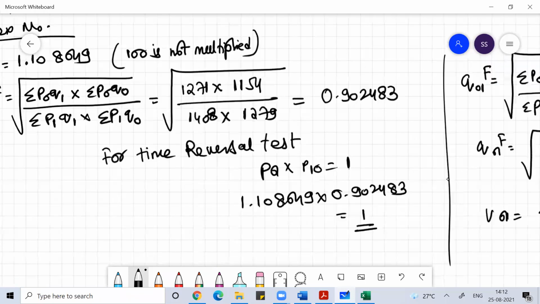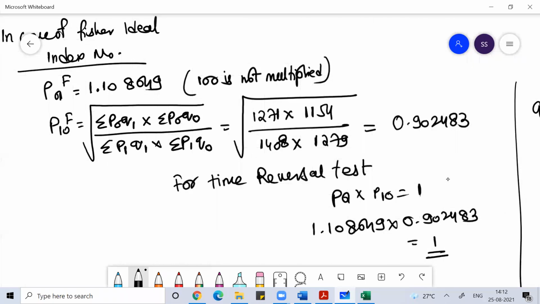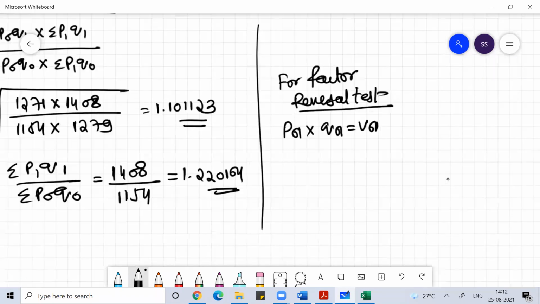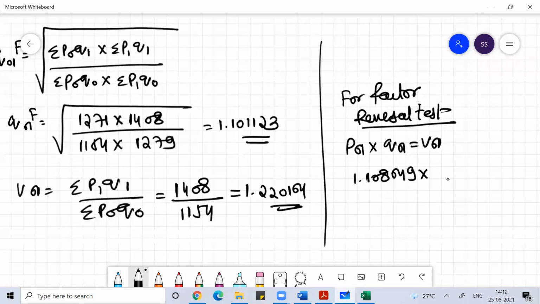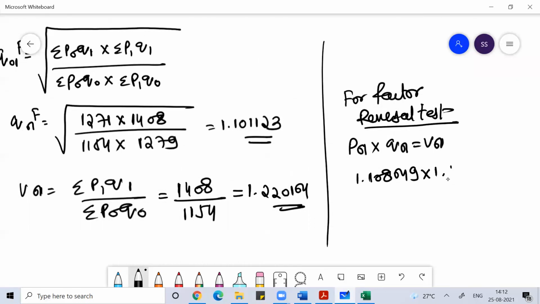P01 is 1.108049, Q01 is 1.101123. It should be equal to 1.220104. Let's test this.